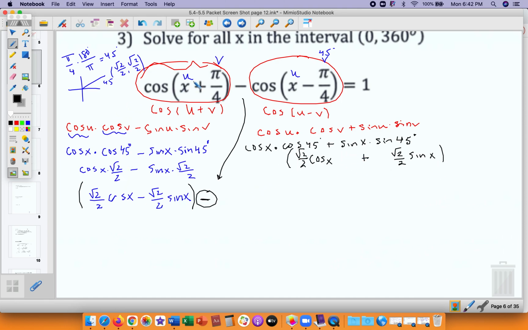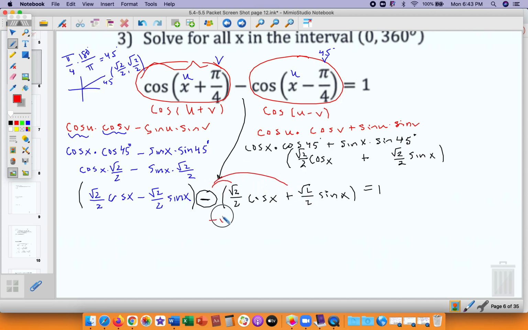So we're going to do this quantity minus this quantity, right? So we have root 2 over 2 cos x plus root 2 over 2 sine x equals 1. Now we need to distribute. So we're going to distribute or negate all terms in this right set of parentheses.